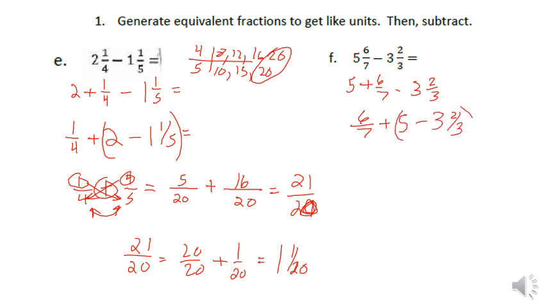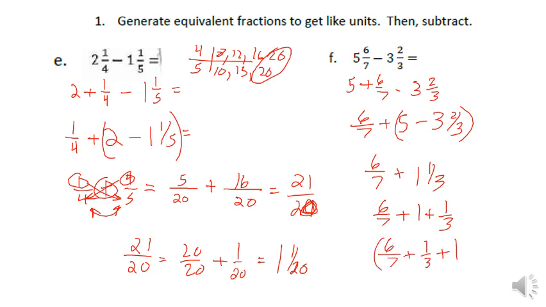I'm going to do this one first, because now I end up with 6/7 plus, and I know 5 minus 3 2/3 is going to be 1 and 1/3. Now I can decompose this where I got 6/7 plus 1 plus 1/3, and I'm going to add my fractions first. Now I've got 6/7 plus 1/3 plus 1, and we're going to add these fractions here first.